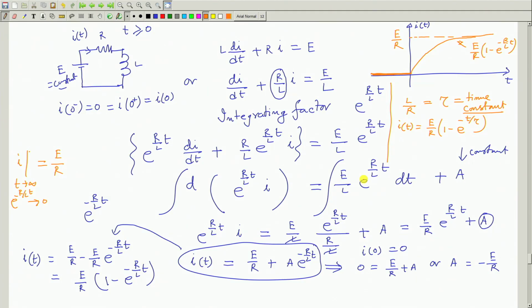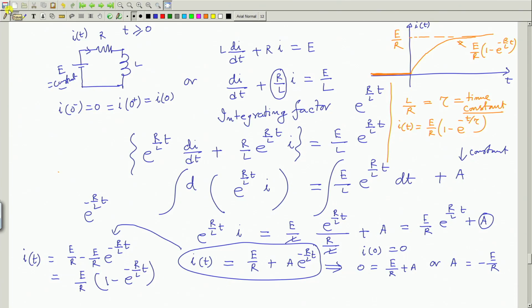Now, suppose you calculate the current at t equal to tau. What is the significance of this time constant? L by R will return you some number, and its dimension will be time, inductance by R, it will be time.